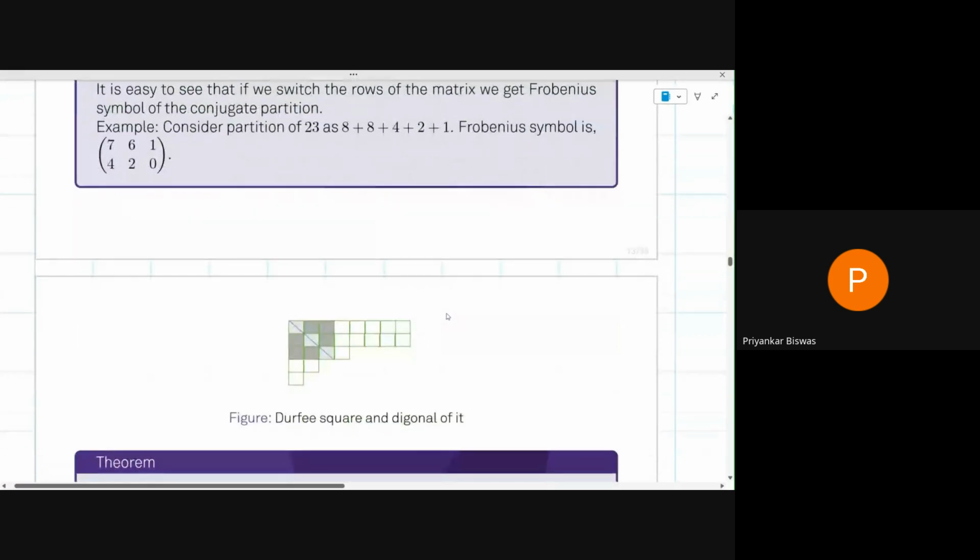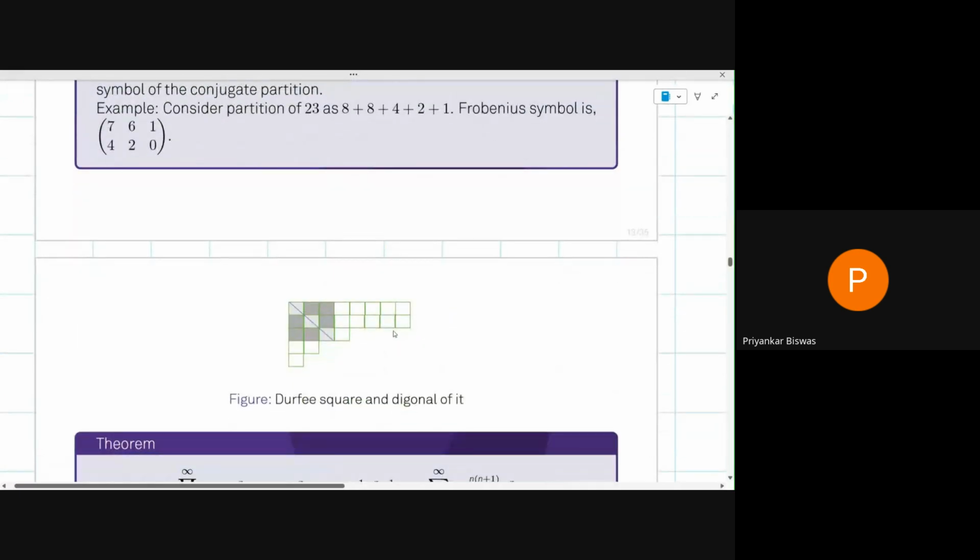Suppose this is a partition of 23. So this is the diagonal, and this box is the Durfee square, and count the number of boxes to the right of the diagonal in the first row. This is 1 plus 1 1 1 1 1 1 1. This is 7, and this is 6, and this is 1.